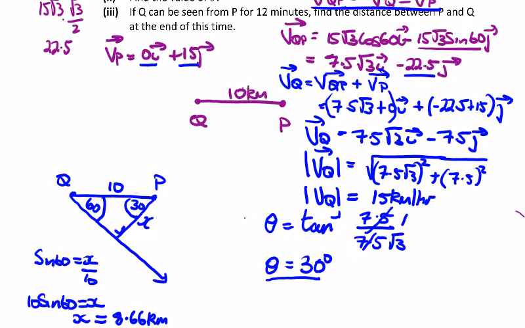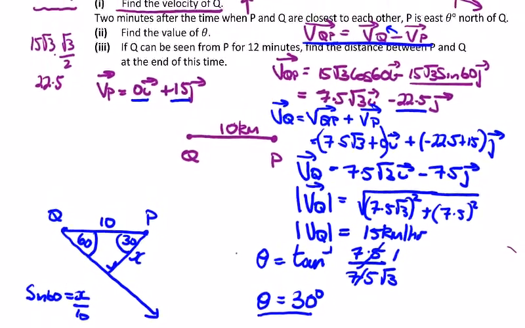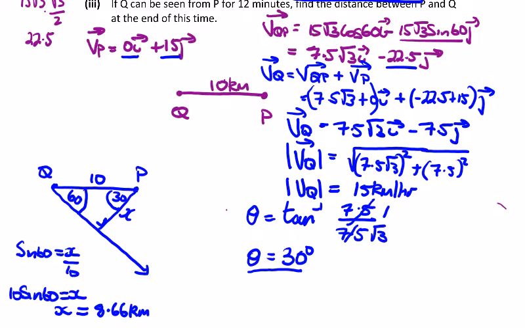So now it says 2 minutes later, 2 minutes after the time when they're closest together, so that's along here. So Q is traveling relatively in this direction here. At what speed? The relative speed of Q.